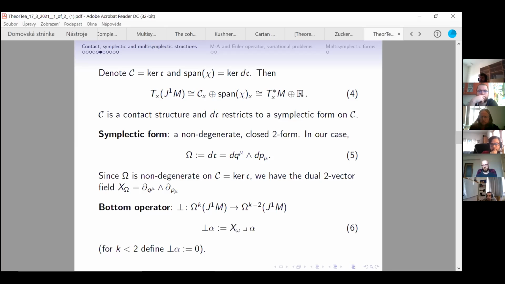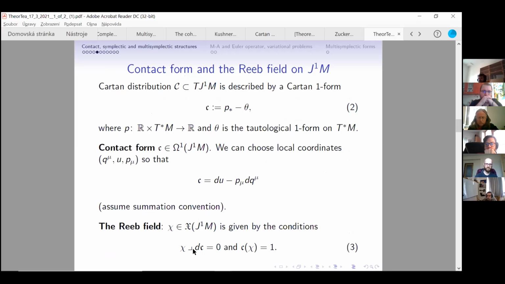So what we want to do is to always somehow project our objects of interest, mainly some differential forms, to the subspace of forms which degenerate along the Reeb field. And we will see in a few slides ahead the projection operator that does that for us, that projects an arbitrary K-form to a K-form which degenerates along this guy Xi.